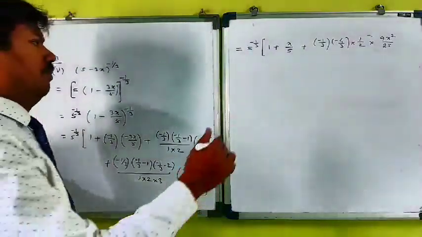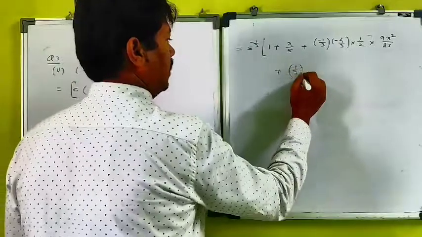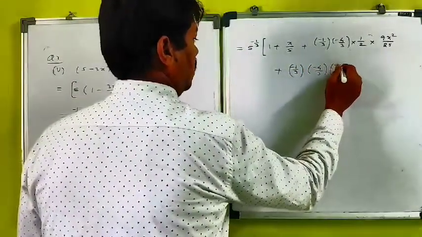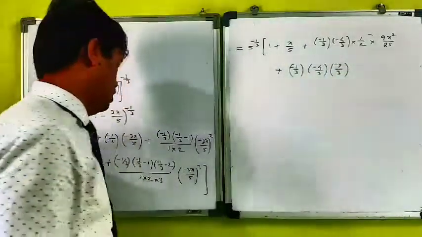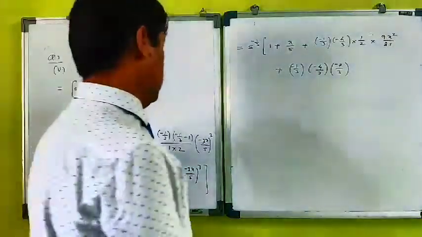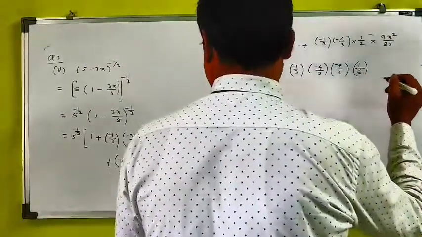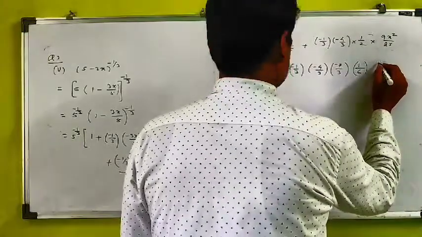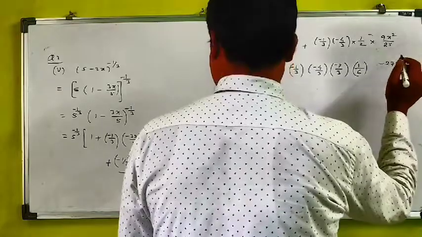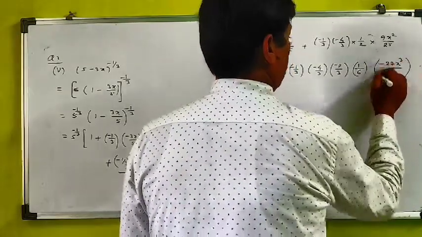Similarly here, plus minus 1 upon 3 minus 4 upon 3 minus 7 upon 3. 3 cube is 27, and there is 1 upon 6, 27, but it's a minus here, 27x cubed upon 125.